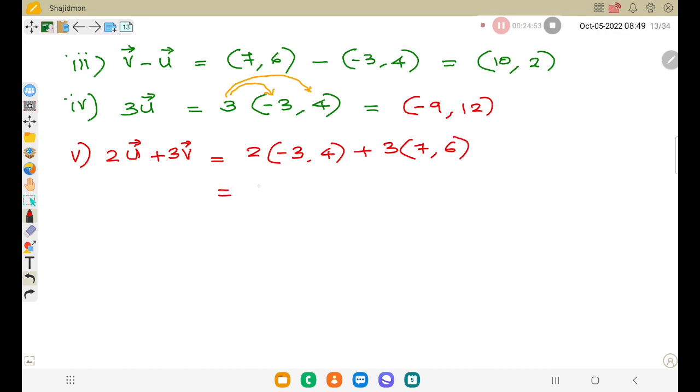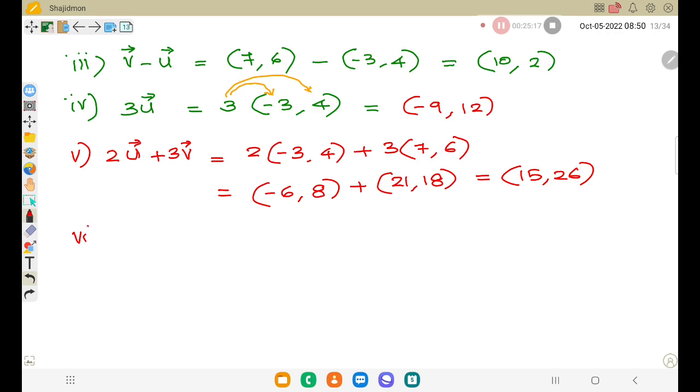Now multiply: 2 times minus 3 is minus 6, 2 times 4 is 8, plus 3 times 7 is 21, comma, 3 times 6 is 18. Adding, you get 15 comma 26, because minus 6 plus 21 is 15, and 8 plus 18 is 26.